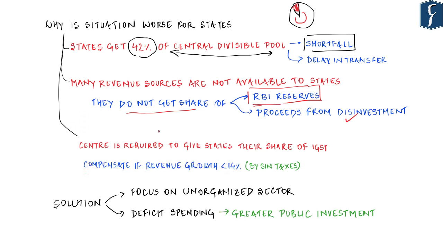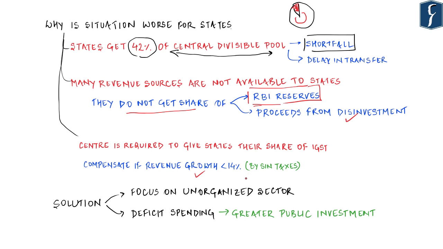Now the last is related to the transfer of funds of IGST or Integrated Goods and Services Tax. Now the center is required to give the states their share of IGST and compensate them if the revenue growth of the state goods and services taxes is less than 14%. Now this 14% is to come from the cess collected on sin goods and luxury goods.